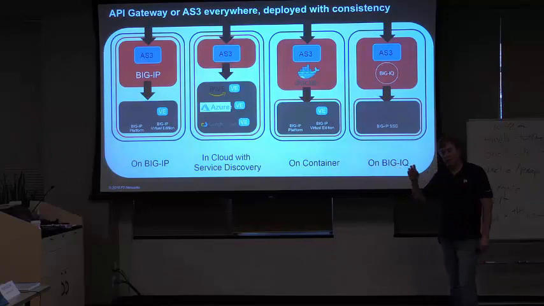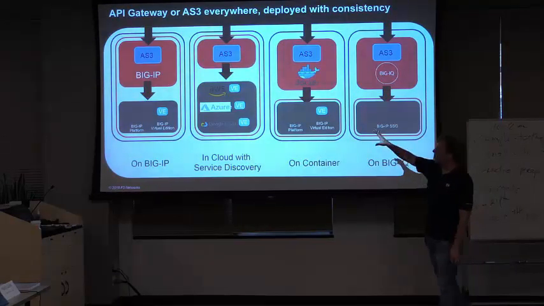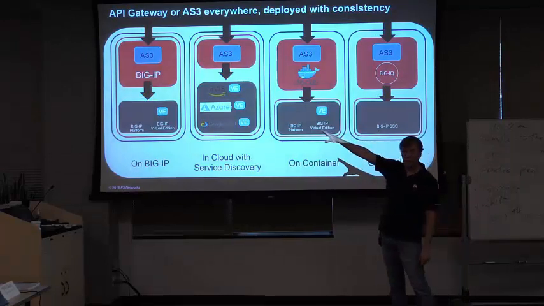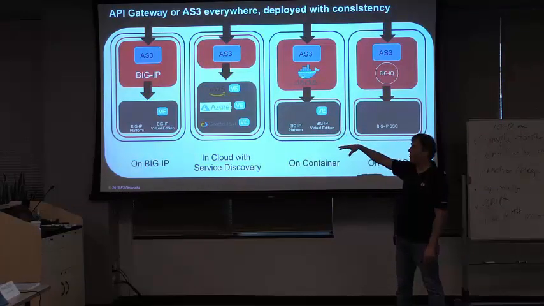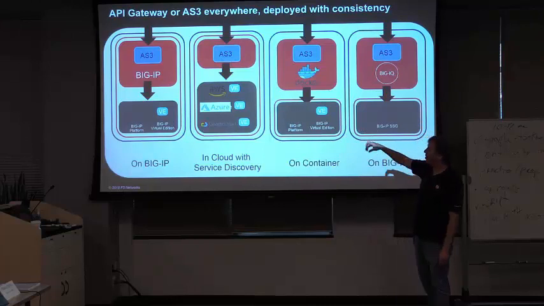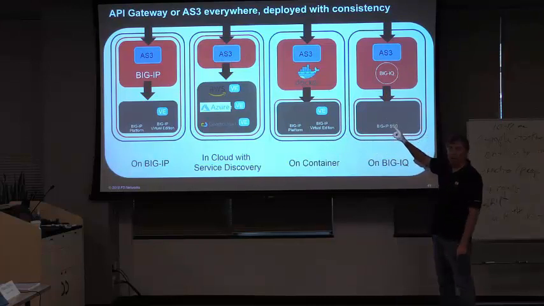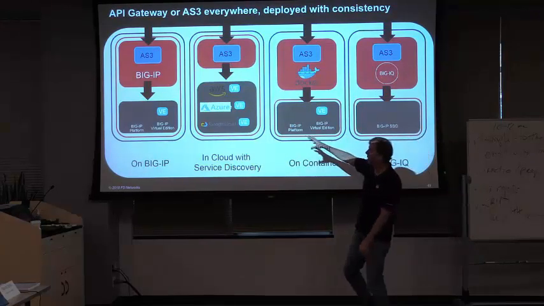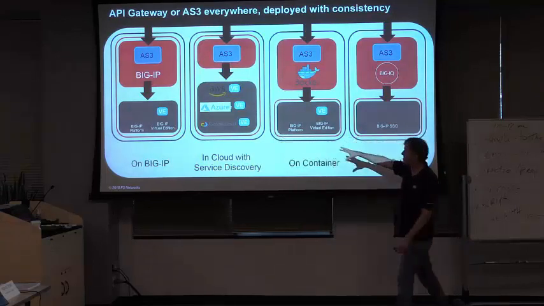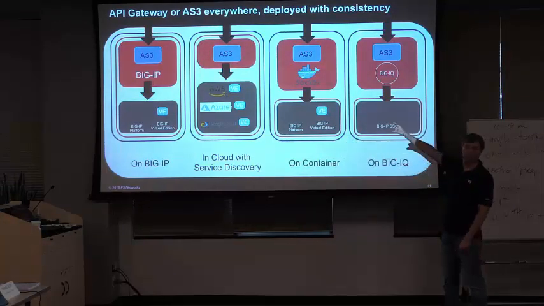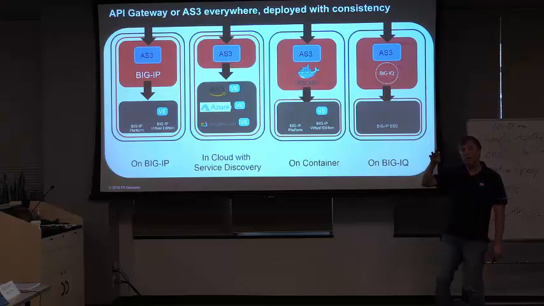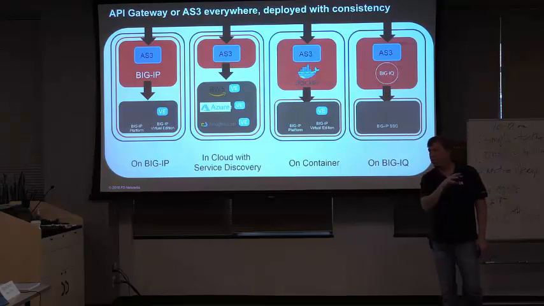This is a good picture version of how you might do AS3. So either it could be installed on a BIG-IP and used that way, or it could be a gateway to deploying in other environments, so other cloud environments, or to Docker containers as an example, or you could do it on BIG-IQ. So AS3 can reside in multiple different places.